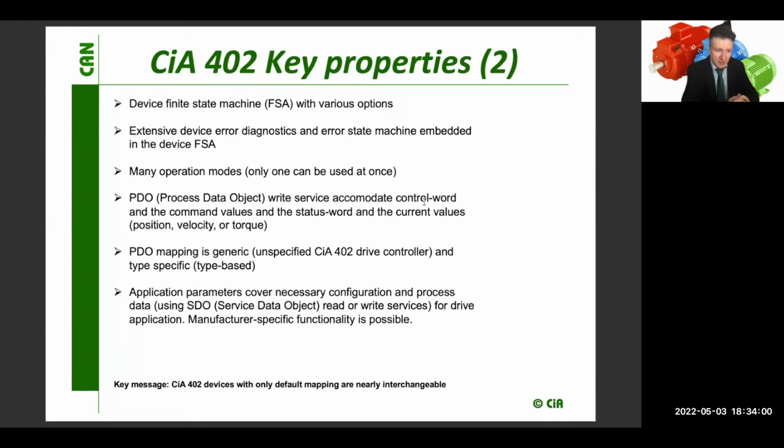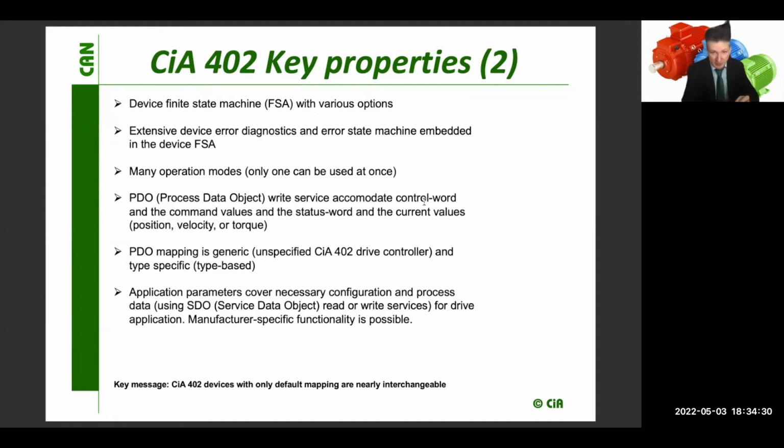It accommodates in a very small footprint a control word and command value, or only a control word or status word depending on its purpose, and the more advanced ones also use additional command values or even process data such as position or velocity values. PDO mapping is generic, can be type specific, so the flexibility is there.